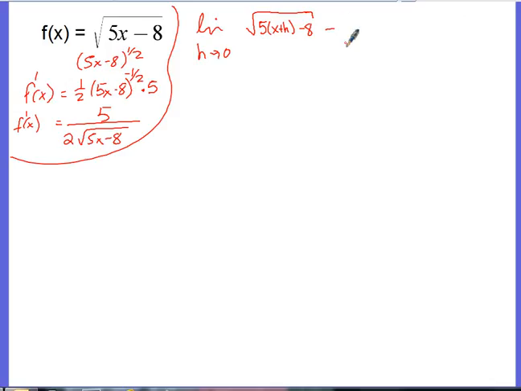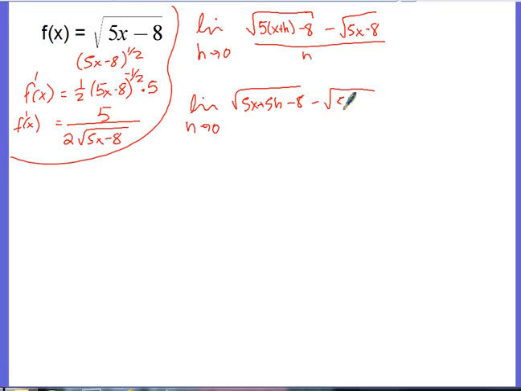Minus all that over h. Simplify that at least a little bit. This would be the limit as h approaches 0 of the square root of 5x plus 5h minus 8, minus the square root of 5x minus 8, over h.